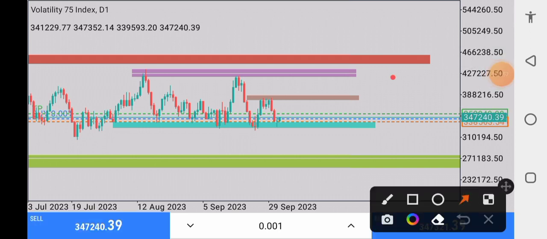We are expecting price to get here either today or the day after today. If price should get here, what we expect is either a reversal back to this level here or a break of this level and then a move to the upside here.